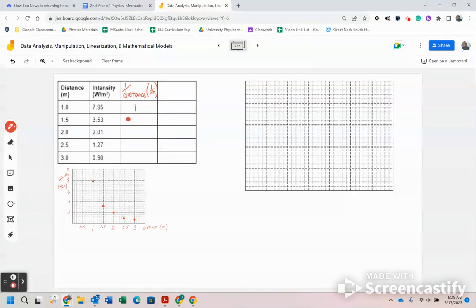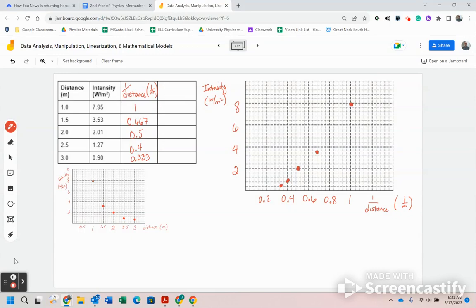If it's not, we chose the wrong relationship and we will have to go back and try another relationship. So when we take the inverse of the distance each time, we get 1.667, 1/2, 0.4, and 1/3. So we will plot that data now and see what we get.